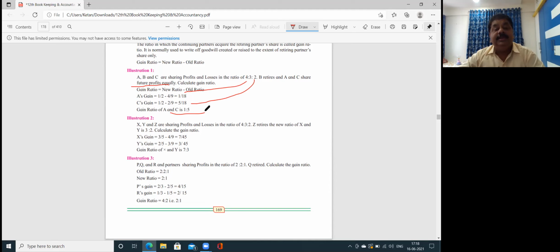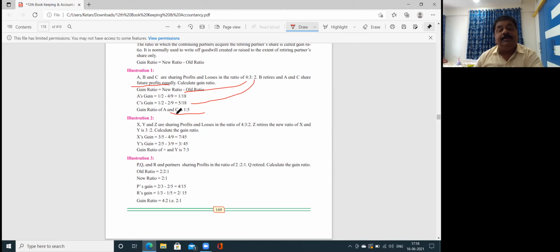Here we can see the contra entry of the capital. मतलब उसका entry कैसे आएगा मैं आपको एक example बताता हूँ. When the goodwill is adjusted through gain ratio, adjusted, not written off, then the entry will be like this. Who is the retiring partner? Mr. B is the retiring partner. A and C are continuing partners.